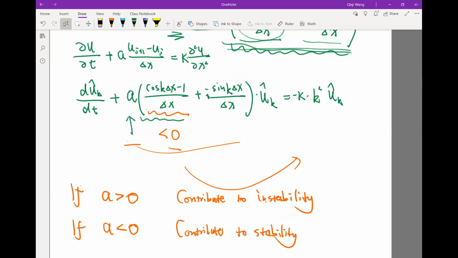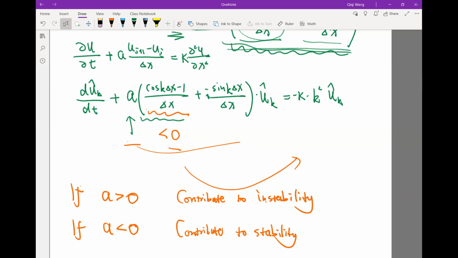For different schemes, this converts not only the analytical derivatives, but also the numerical derivatives into really decoupled ordinary differential equations. It's decoupled for different wave numbers. For every k, you get a different ODE, and you can analyze the stability and instability.